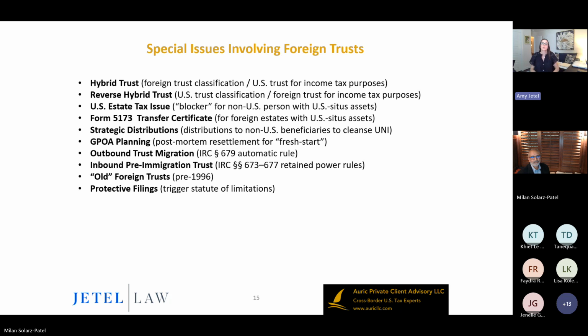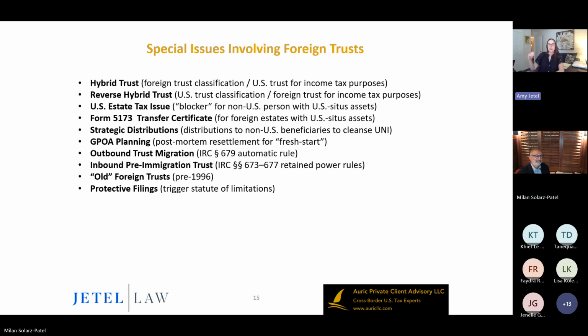Strategic distributions. When you have a foreign non-grantor trust that has a class of beneficiaries that consists of US persons and non-US persons, there are some ways to cleanse the UNI out of that trust by using distributions to the non-US people. Essentially in a nutshell, you can't distribute to the foreign people and then have them gift it over to the US people, because that's too cute a loophole.